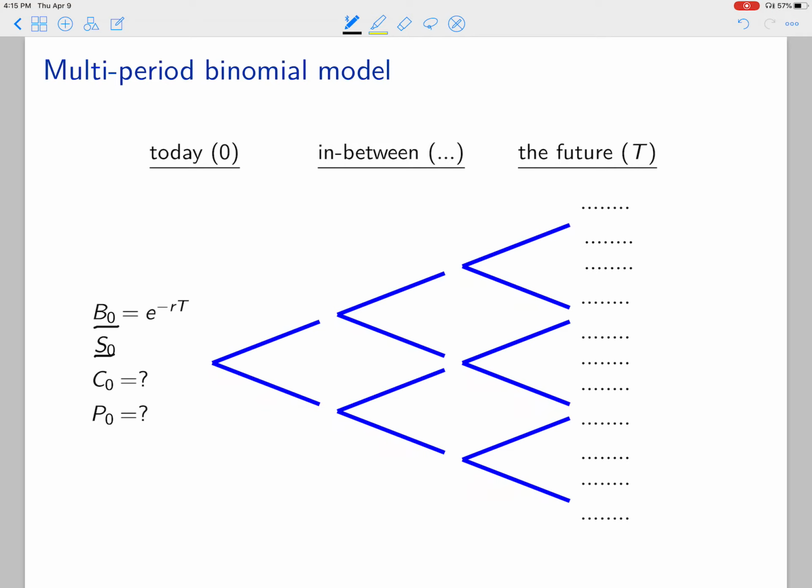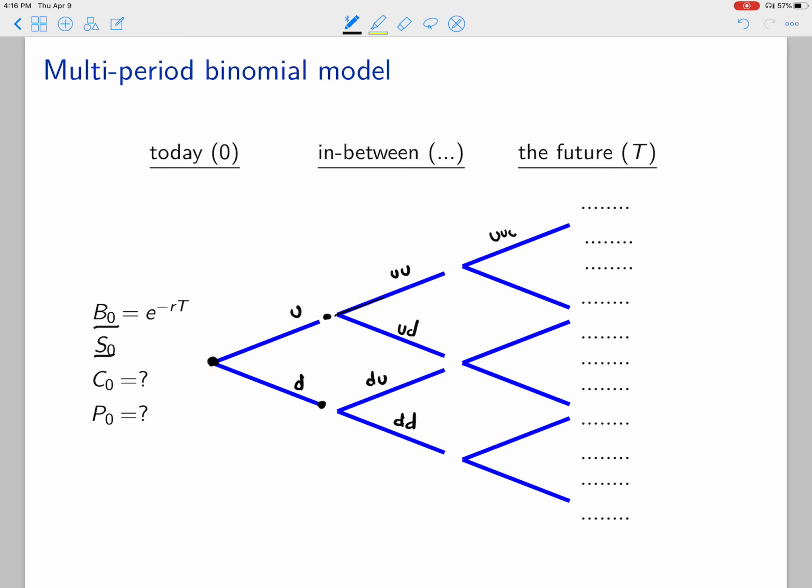At date 0, at the end of the first period, you can either move up or down. At date T over n, in the second period, you can either move up again, UU or UD. If you start in the D state, it's DU or DD, and so on and so forth, ad infinitum.